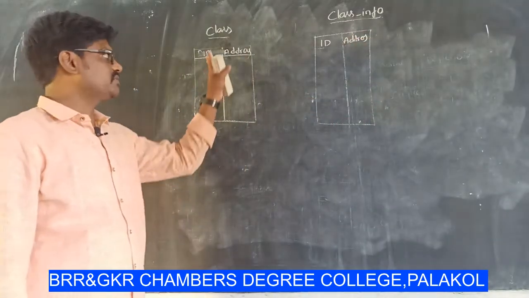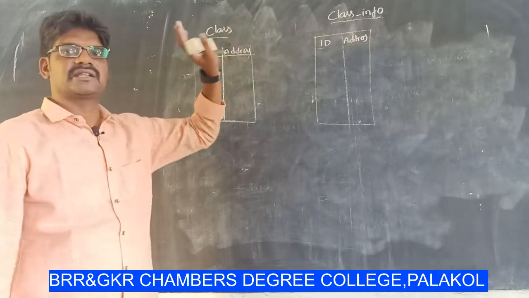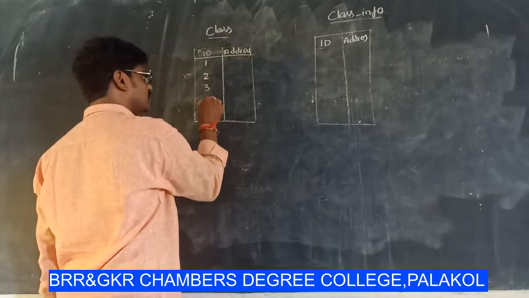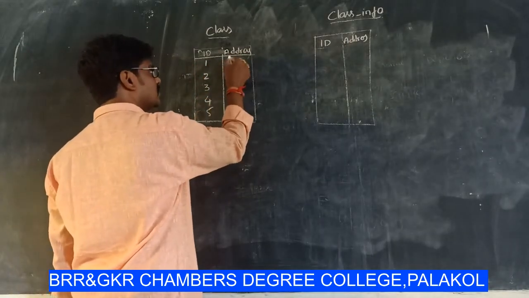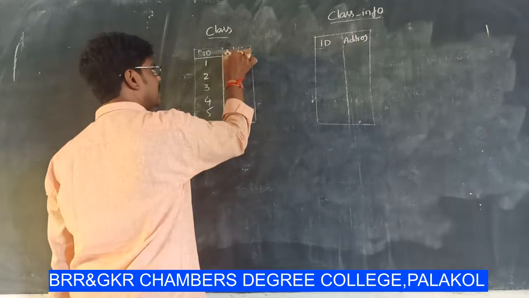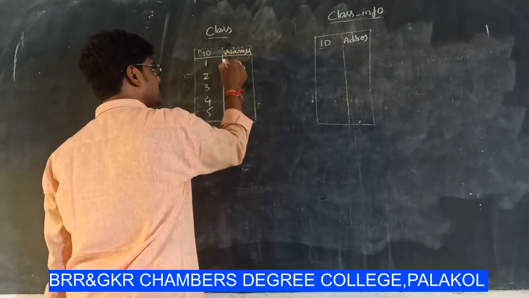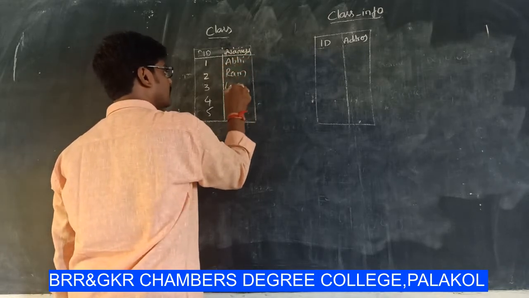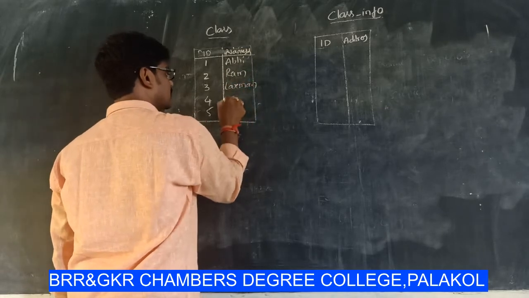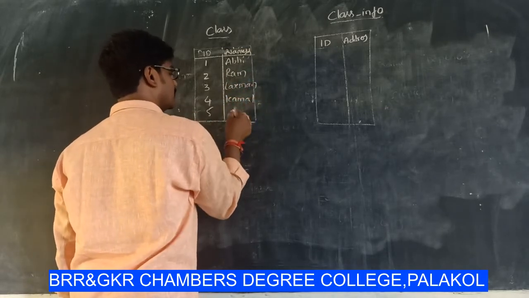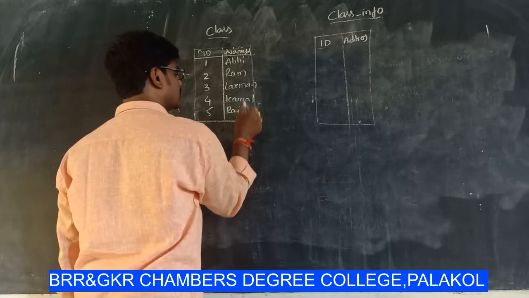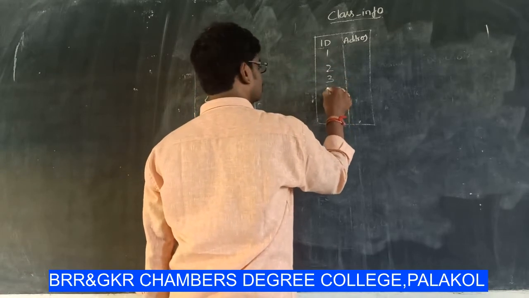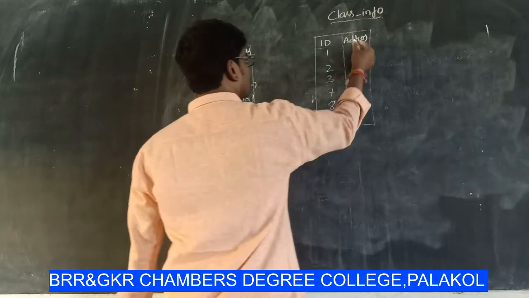I am taking two columns here. One relation is class and another relation is class info. Here I am taking names, for example Abhi, Ram, Kamal and Raj.